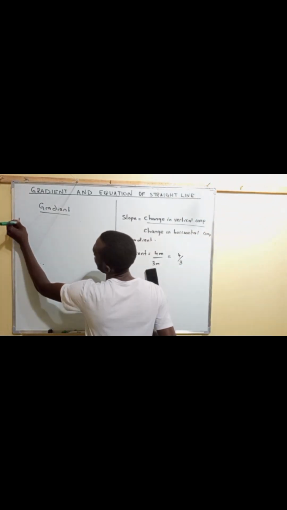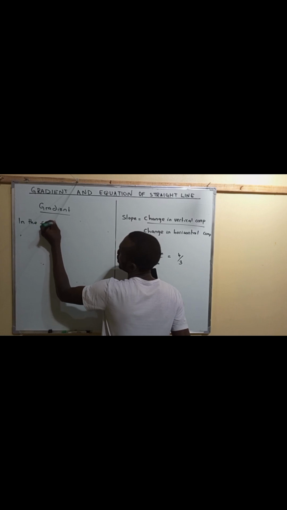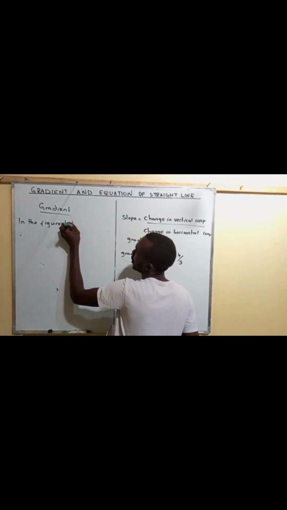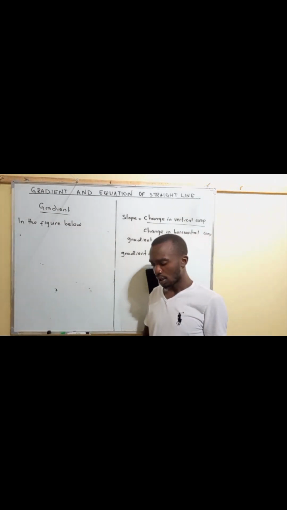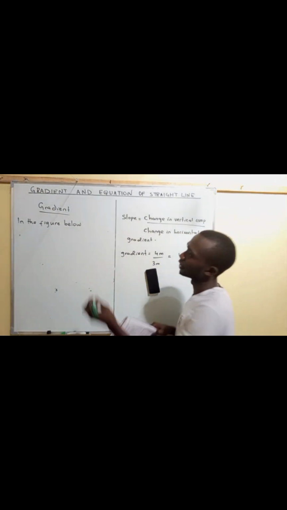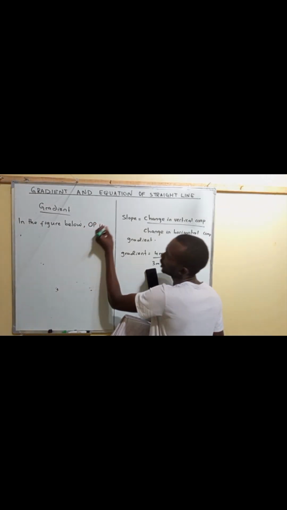In the figure below, OP is a straight line through the origin.